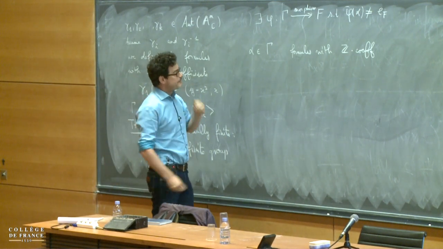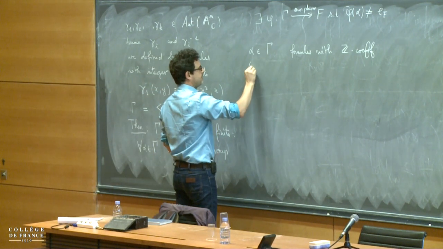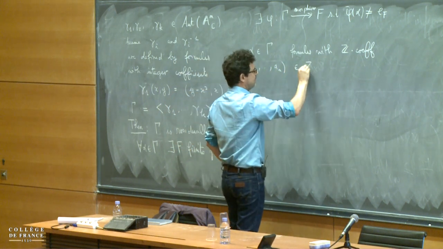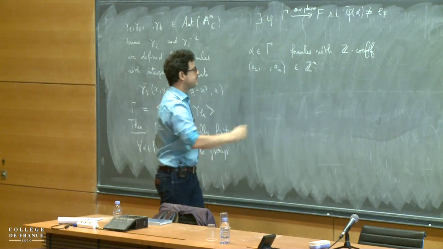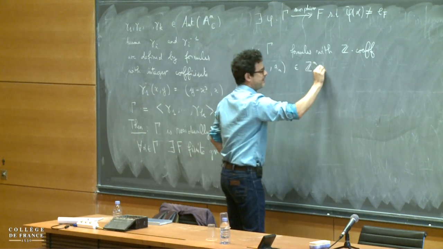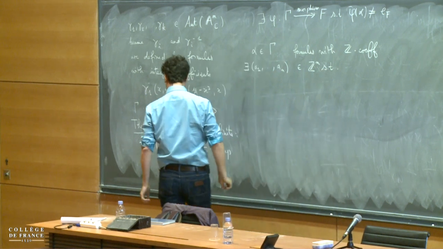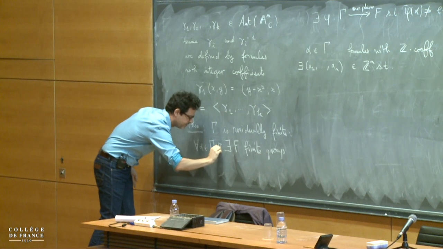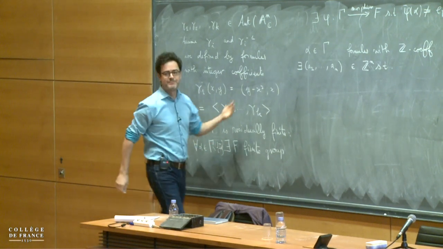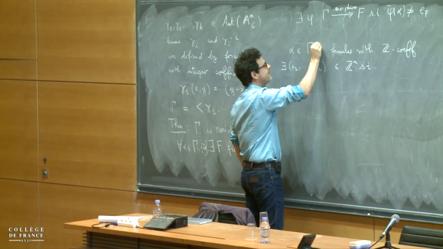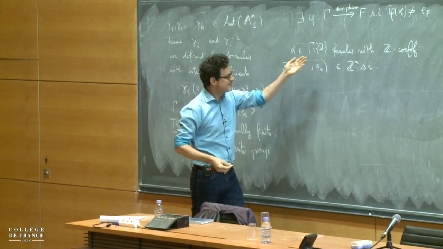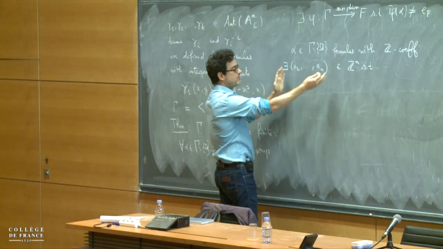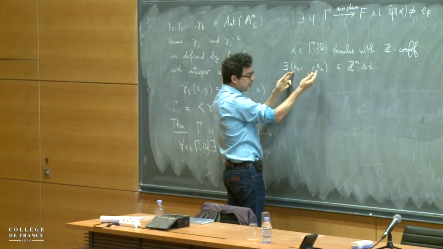And then you can fix a point with these integer coordinates such that, so of course I said something wrong here. I need to assume that alpha is not the neutral element in gamma. Okay? So alpha is not the identity. So since it's not the identity, I can find a point with integer coordinates so that the image of this point is not the same point.